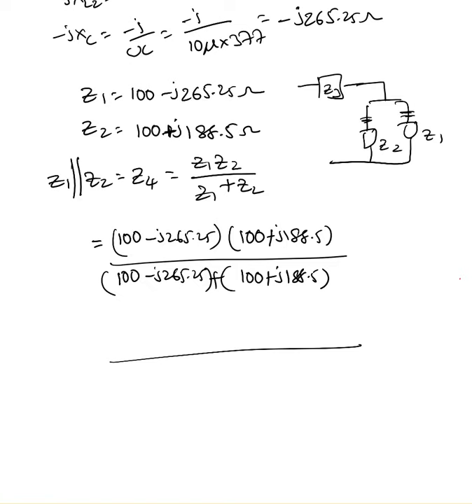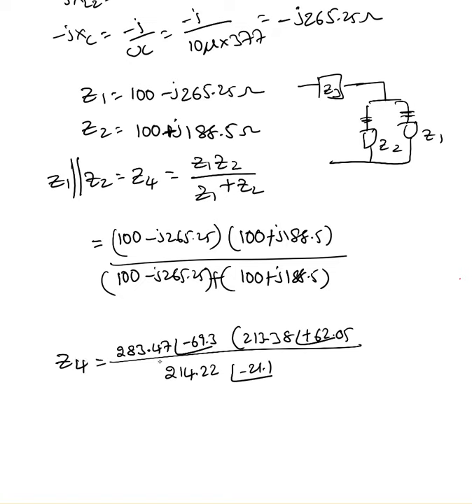When I convert them into polar format, that's 283.47 at an angle of minus 69.3. Another one is 213.38 at an angle of plus 62.05. The denominator I'm going to have 214.22 at an angle of minus 21.1. Okay, this is my Z4.